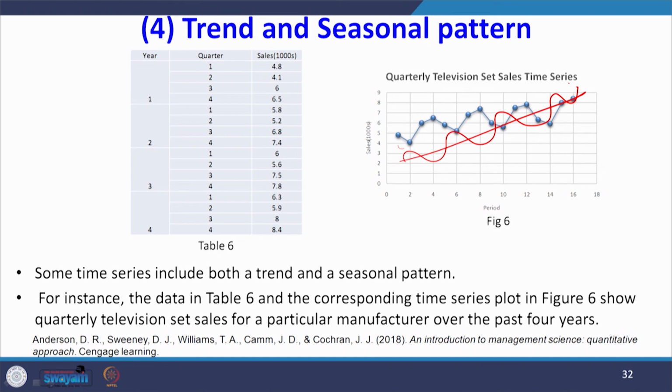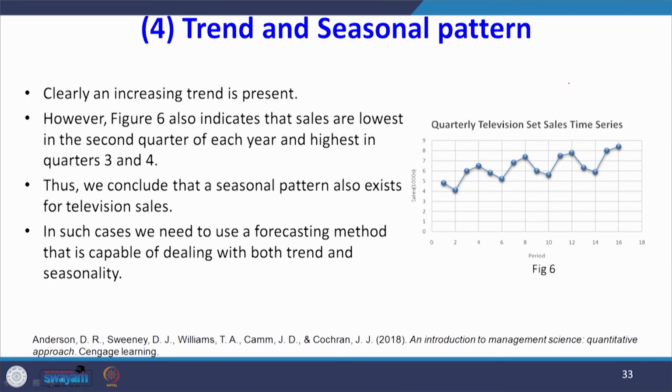For instance, the data in table 6 and the corresponding time series plot in figure 6 show quarterly television set sales for a particular manufacturer over the past 4 years. Clearly, an increasing trend is present. However, figure 6 also indicates that sales are lowest in the second quarter of each year and highest in quarters 3 and 4.